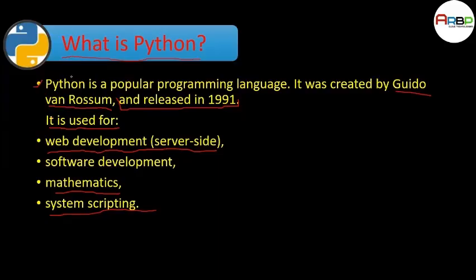Python is popular because of the easy way that we can learn it. It's easy to learn, and it's easy to write and understand. So Guido van Rossum created it, and it was released in 1991.